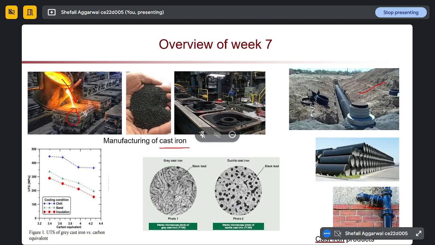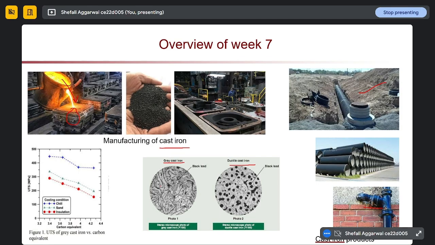So if we talk about cast iron itself, there are two types of cast iron: gray cast iron and ductile cast iron. The difference between these two types of cast iron is the microstructure.